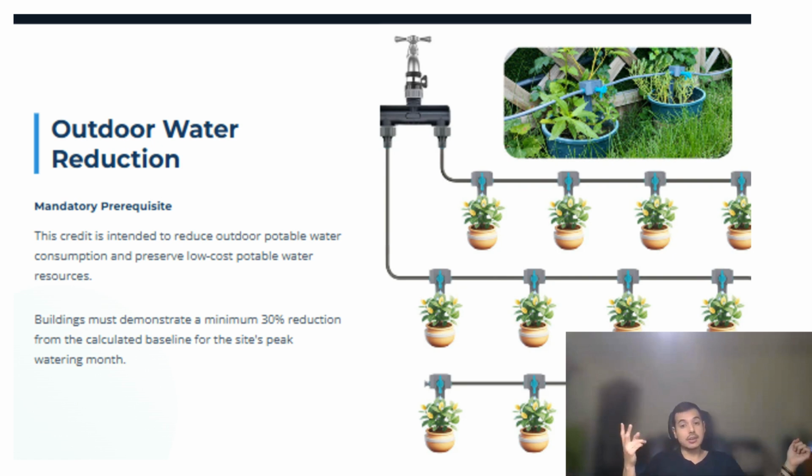The other way to claim the prerequisite is by going 30% down from the baseline for the maximum peak amount of water consumption per month. So you're going to diminish by 30%, and you're going to be on the safe side, and you can claim that you are accomplishing this.